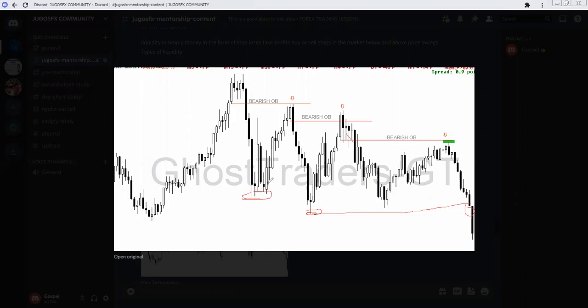The market has shown me that it's looking for sell side liquidity. Why? Because it left from this level, did not come to clear this liquidity, and instead came back down and took the sell side liquidity. That's a signal that the institutions are selling. They are looking for the money that is sitting below these lows. There are traders sitting here, and those are the people the institutions are coming for.